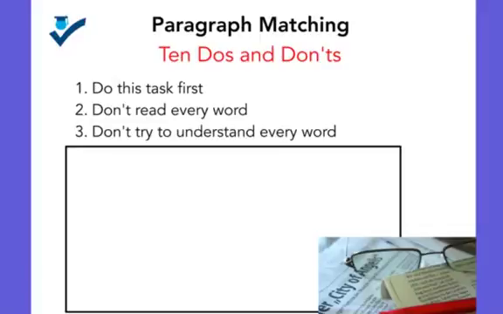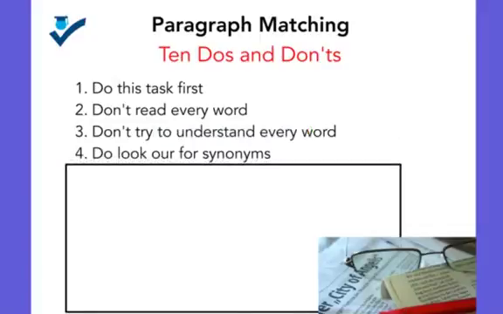Now, the next thing that you need to do is to look out for synonyms. As I've mentioned earlier, a lot of people tend to look for words that match exactly with the words in the text. This is a bad idea because, for example, a keyword in the heading might be something like attractive.